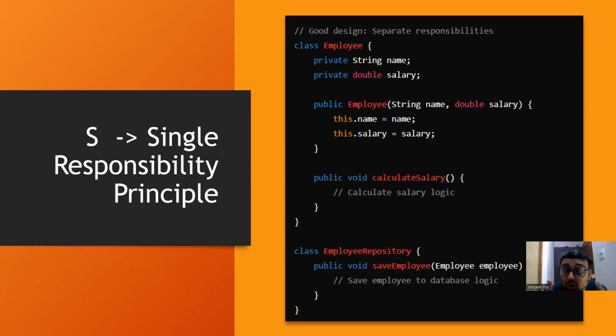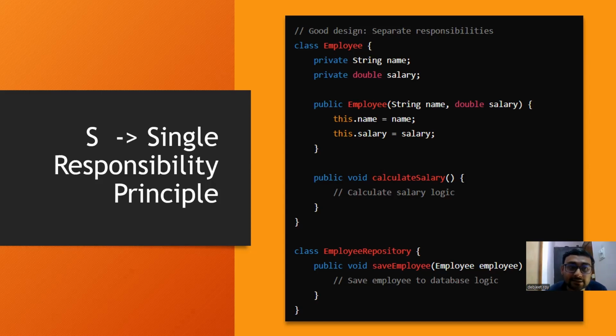So those operations which directly interact with the DB and do DML operations should be in the repository layer or the DAO layer, which is the data access object layer. So now this is the good design principle as per single responsibility principle. Okay, because each class holds a separate set of responsibilities.